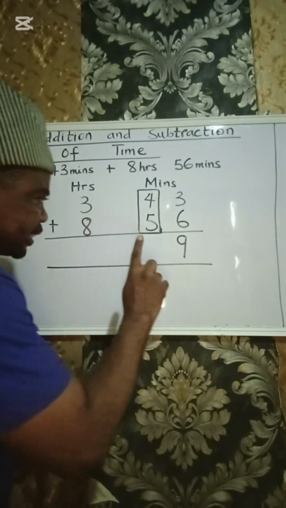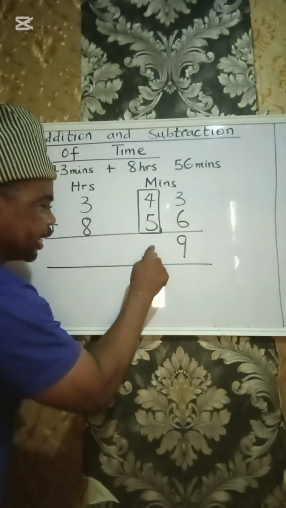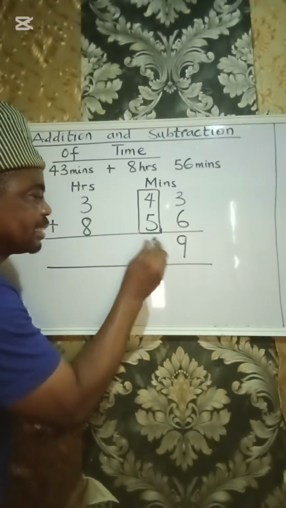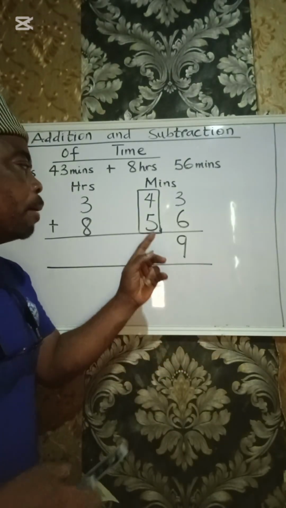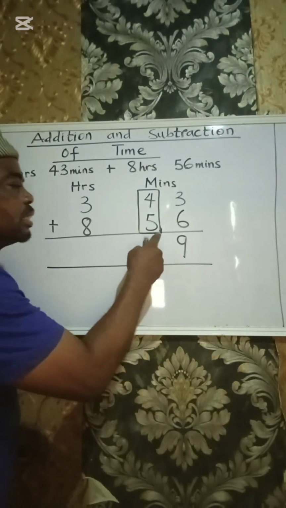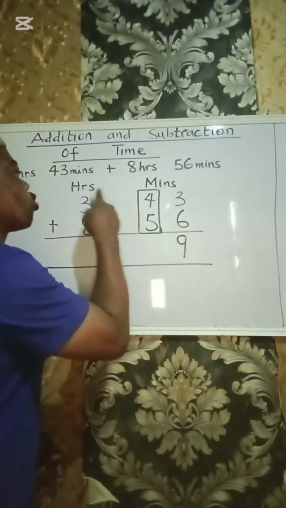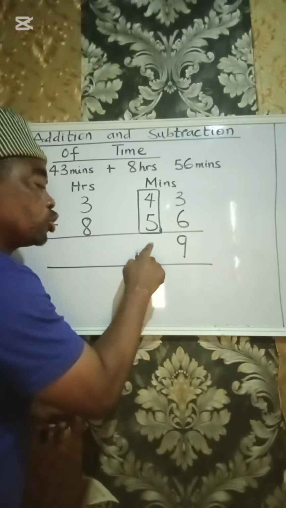Now listen and listen good. In this slot here, you cannot write anything that is bigger than 6. The reason is that 60 minutes make 1 hour. So instead of 6 to come to this place, it will become 1 and come down here. So anything that is bigger than 6 is not meant to be here.